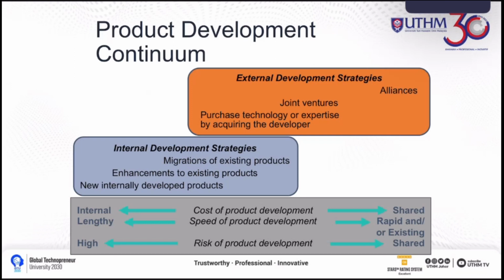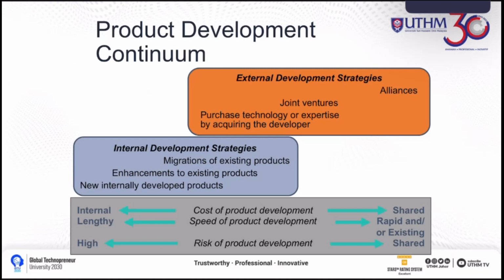Okay, and then the last one would be the purchase of technology or expertise by acquiring the developers. Normally a company can acquire another company or startup to gain access to their technologies, expertise, or any intellectual properties.